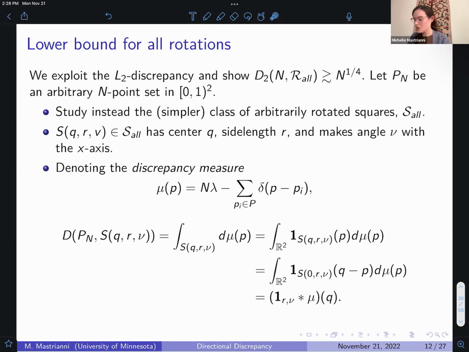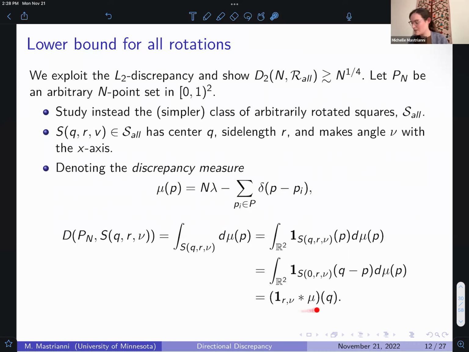Okay, so if we want to study the local discrepancy of the point set with respect to a single square, we can integrate the discrepancy measure over the square, and then extend that to an integral over the whole plane, and then rewrite things.